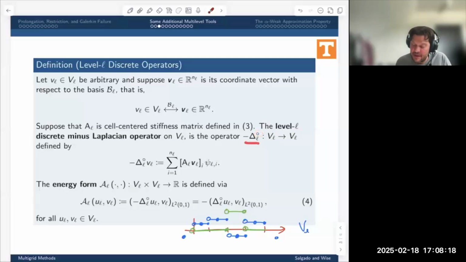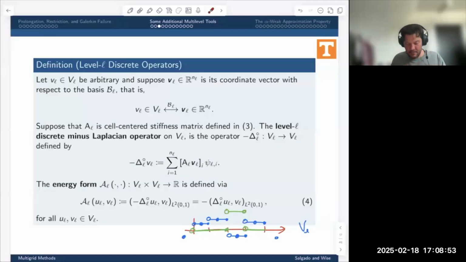So this operator is going to take a piecewise constant function and map it to a new piecewise constant function. And the only thing I have to do to convince you that this is a good operator is tell you how this works. So here's how it works. I want to take the discrete level L minus Laplacian operator and act on a piecewise constant function and produce a new piecewise constant function.